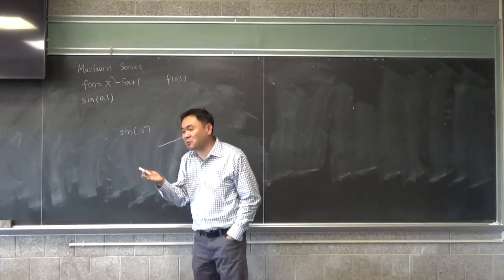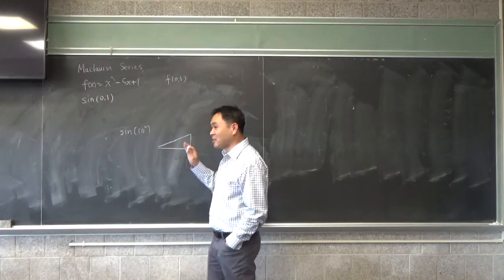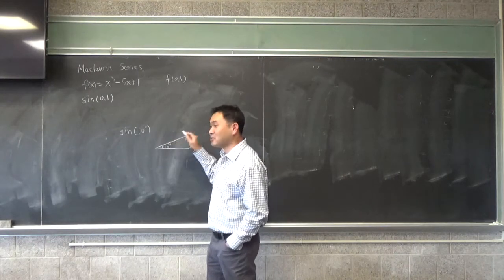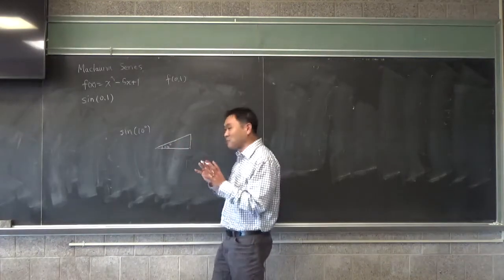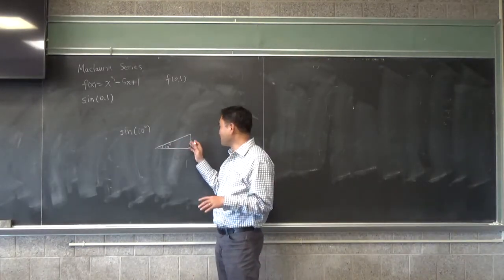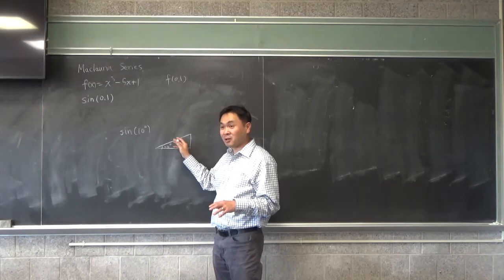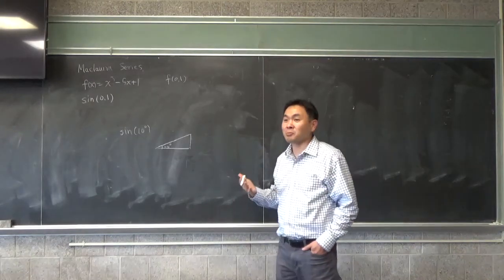Okay, so the unit circle would be one way, but you would probably draw a very accurate 10 degree right triangle, right? And make it really large so that you can be as accurate as you can, and then calculate the ratio of opposite over hypotenuse, right? So then you can get approximate values.